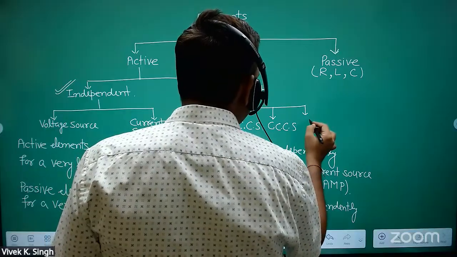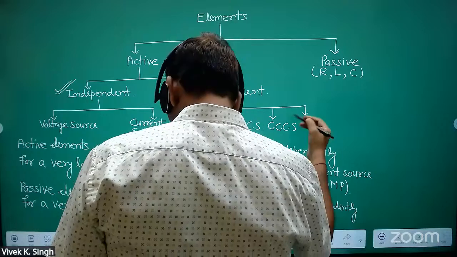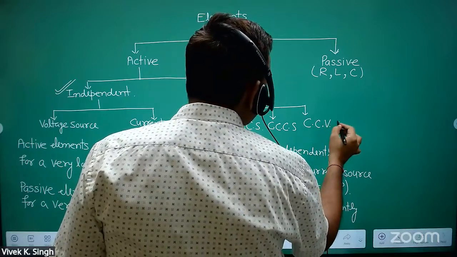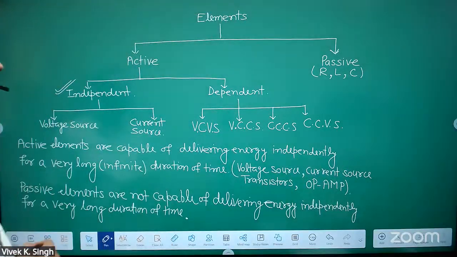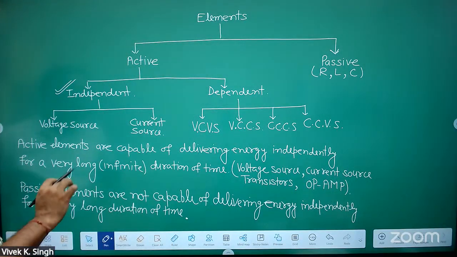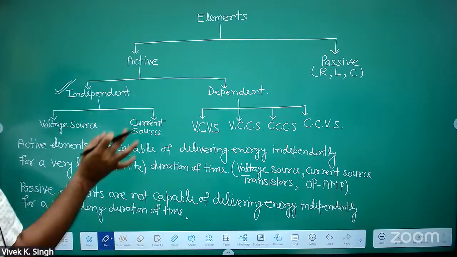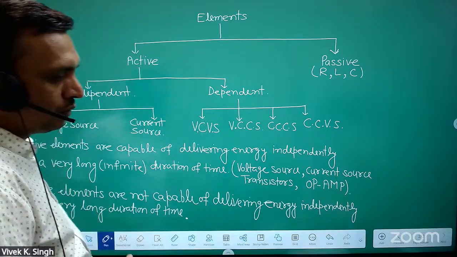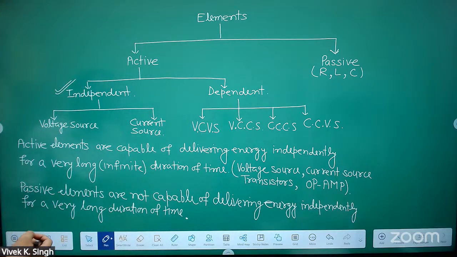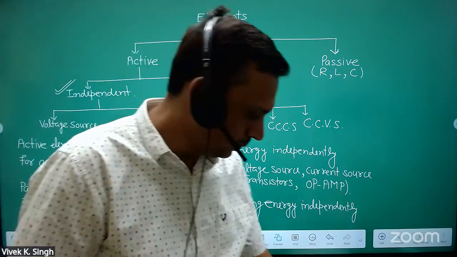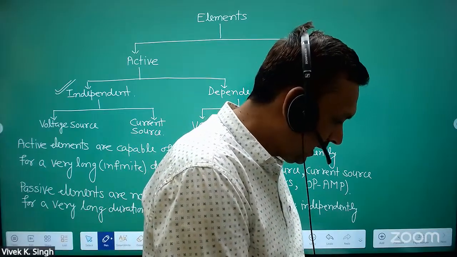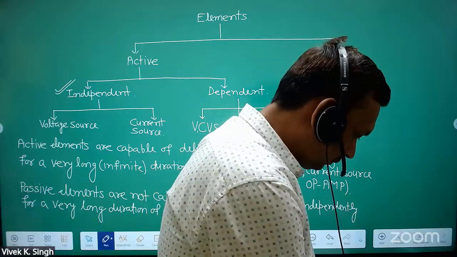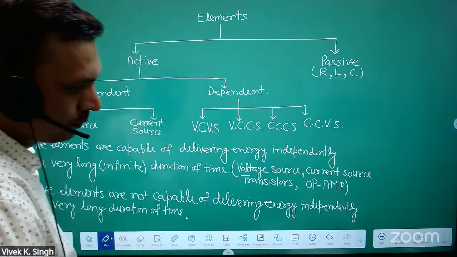And then current controlled voltage source. That is how in electronics we encounter these elements only. Yes or no? ठीक है? Yes.